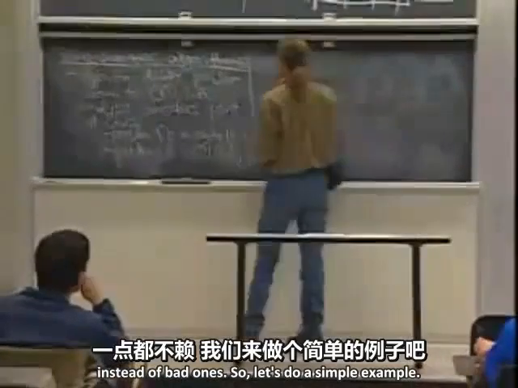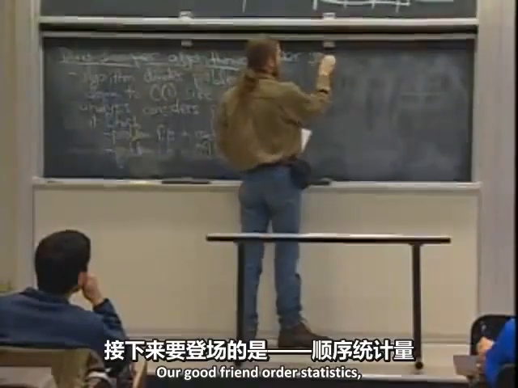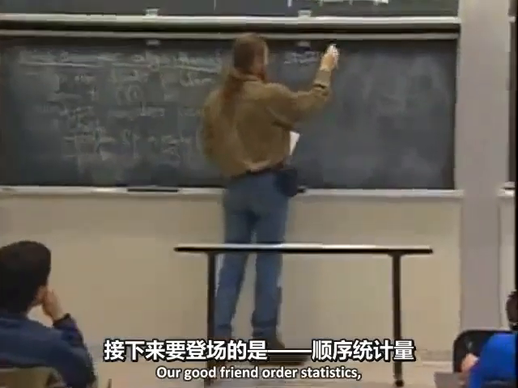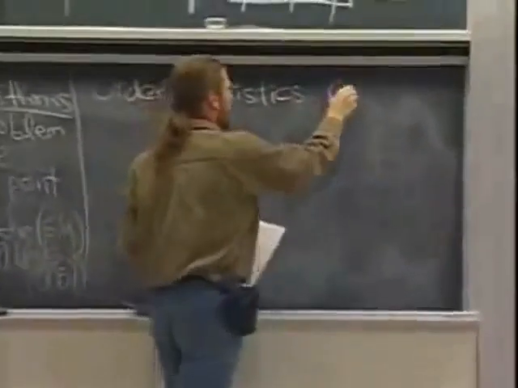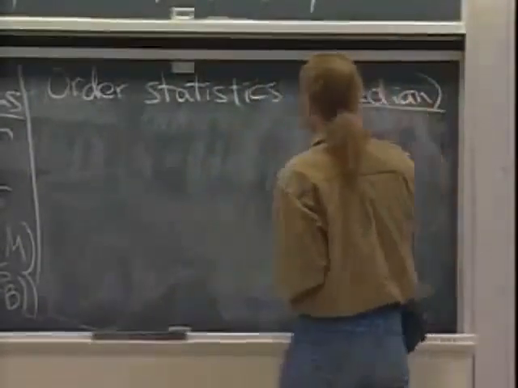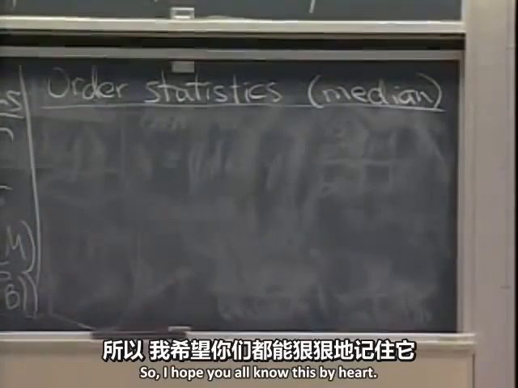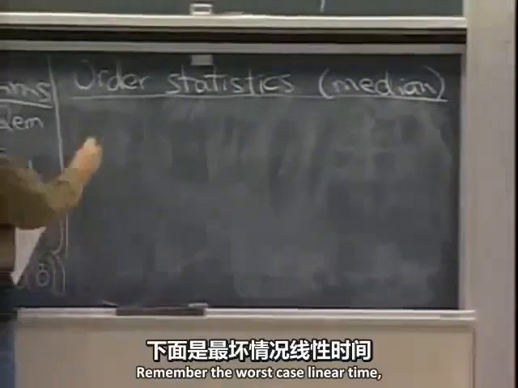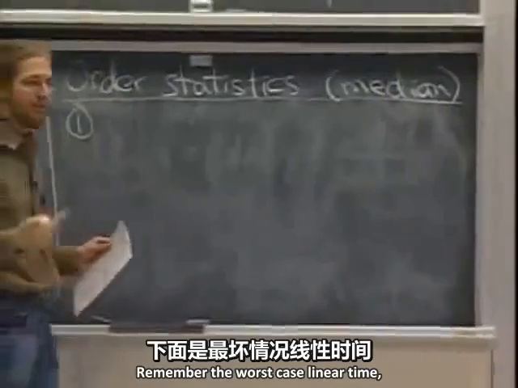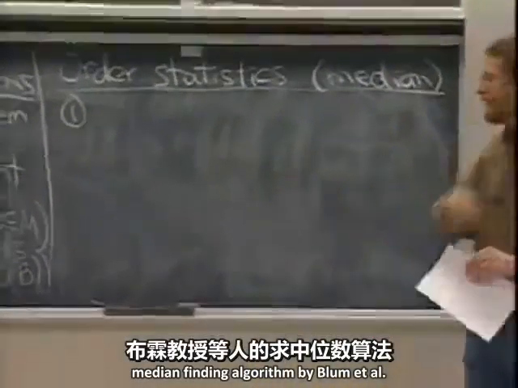So let's do a simple example. Our good friend, order statistics, in particular for finding medians. So I hope you all know this by heart. Remember the worst case linear time median finding algorithm by Blum et al.